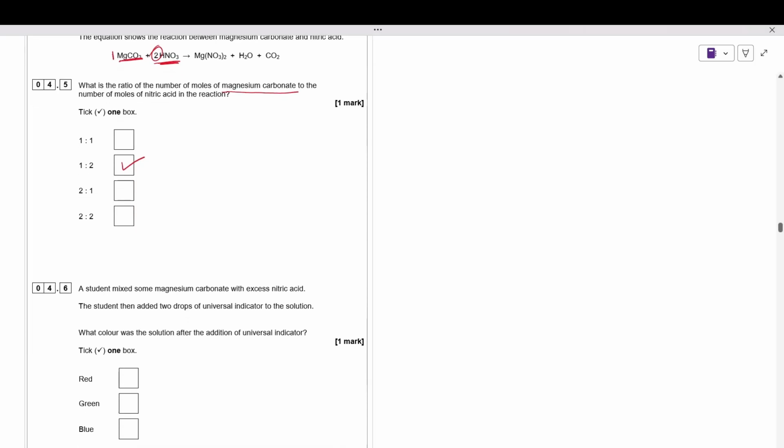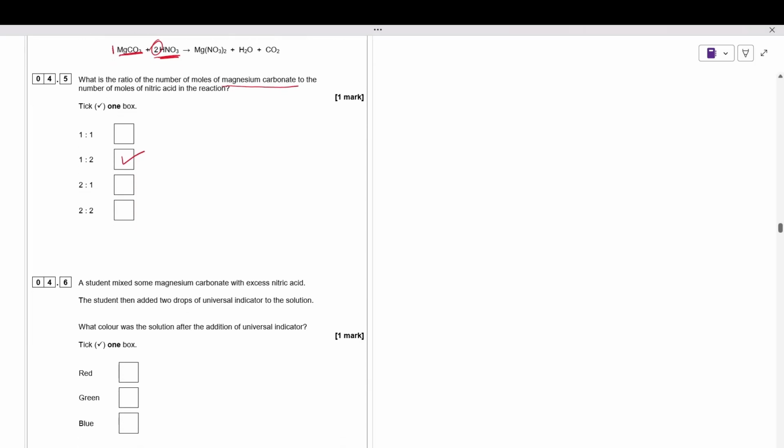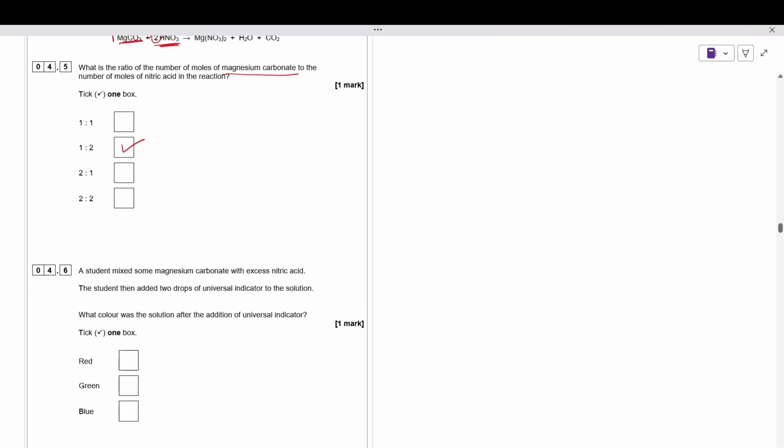4.6, a student mixed some magnesium carbonate with excess nitric acid. The student then dropped 2 drops of universal indicator into the solution. What color was the solution after the addition of the universal indicator? Let's just do this as basic diagrams, really. So this is my magnesium carbonate, and I'm just going to draw it as a level like that, just to prove a point.